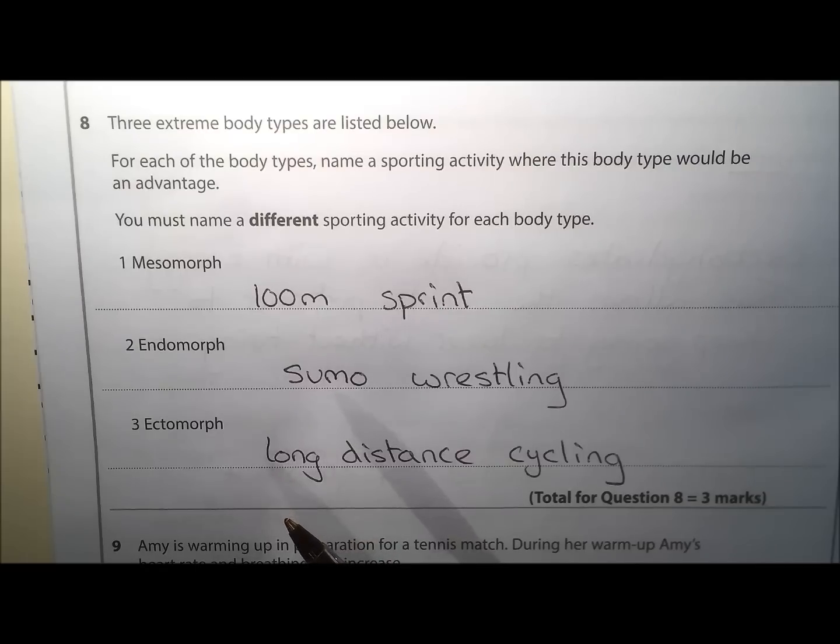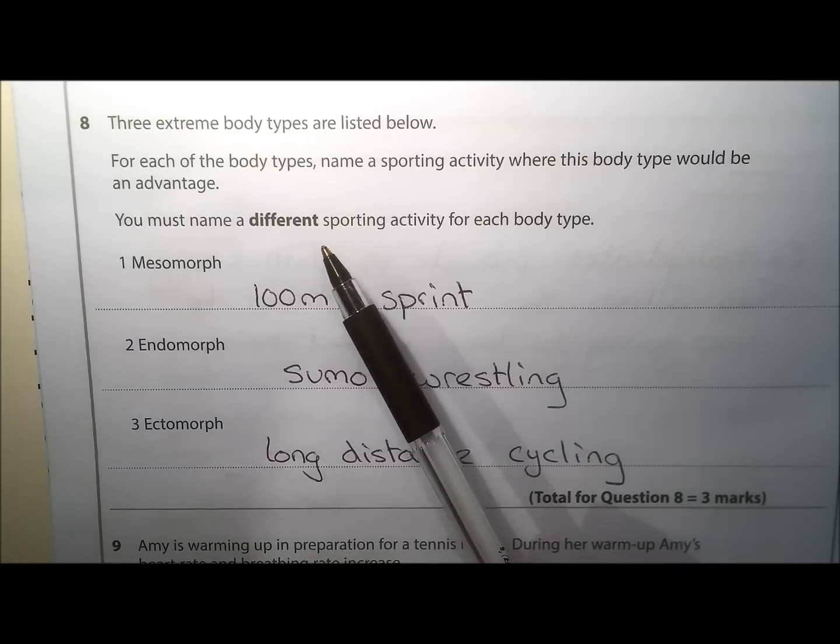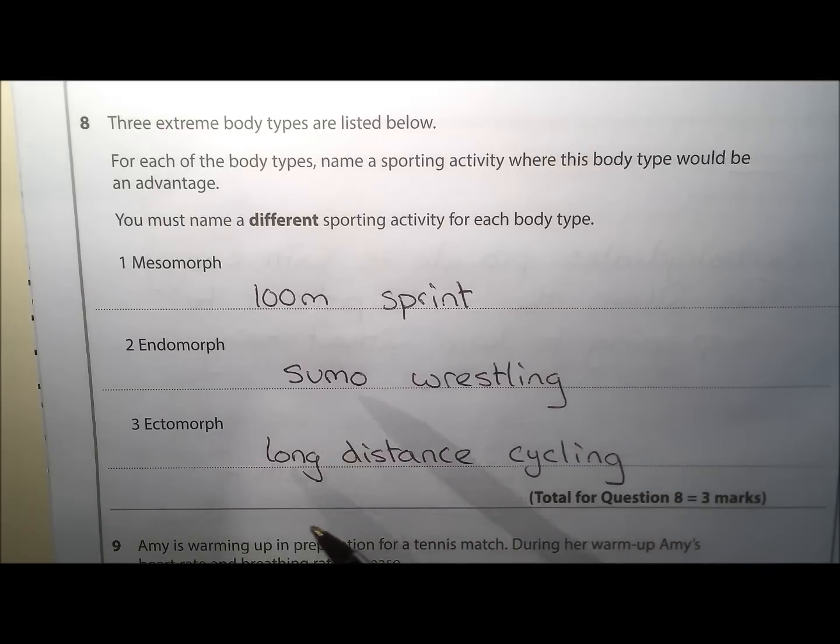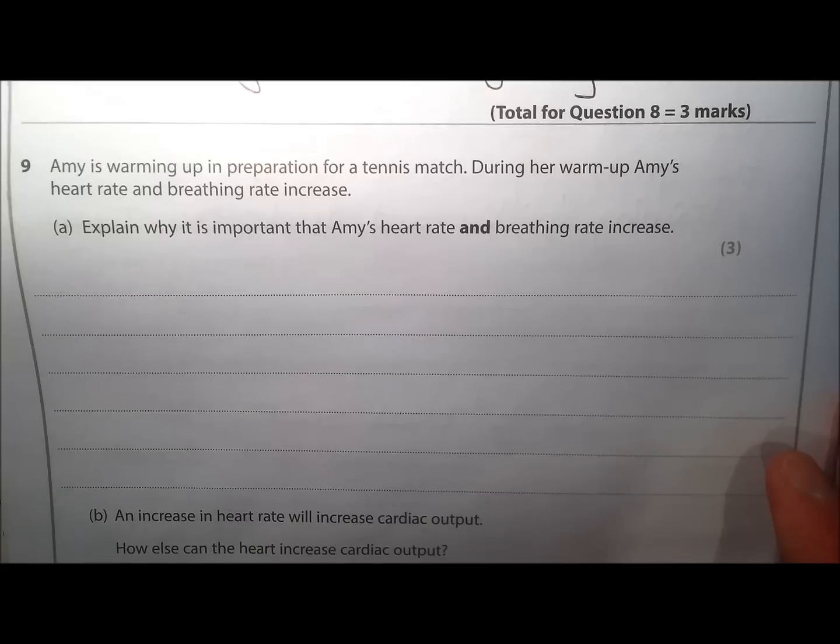The best examples to go with are anything with long distance or endurance. Here I've put cycling to be sure that I've got a different sporting activity for each body type. But you could equally gain marks on this particular question for saying long distance running or marathon.